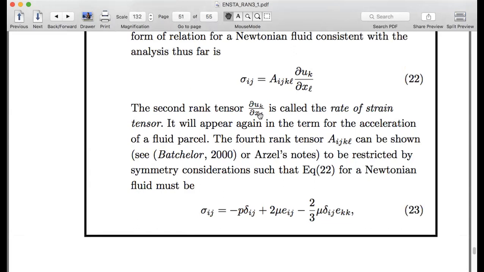It's the sum of the 3 elements on the diagonal of that rate of strain tensor. Does anyone know physically what that is? It has a name. Because this is the velocity, it's the divergence. It's the divergence of that velocity field.